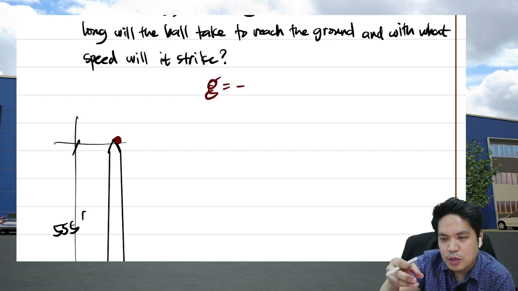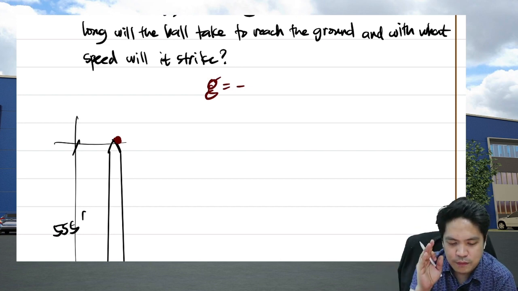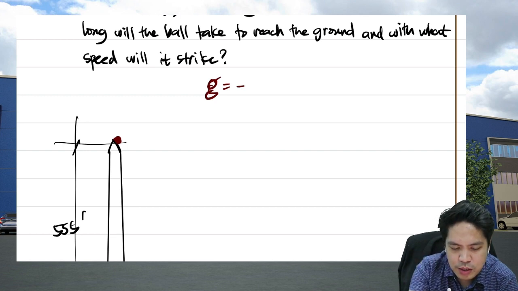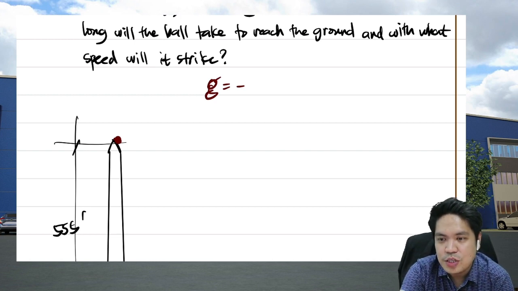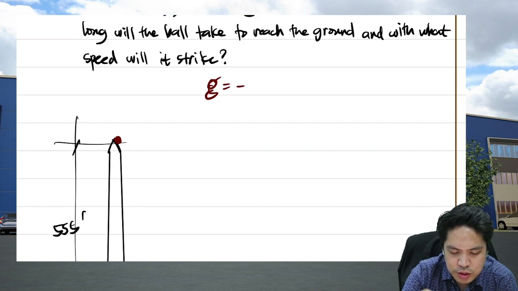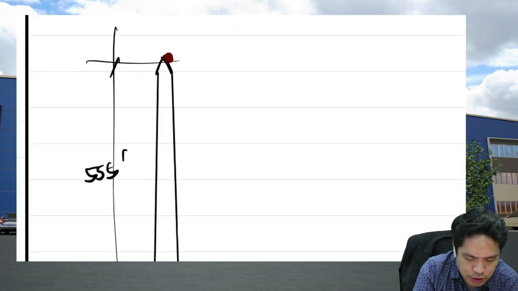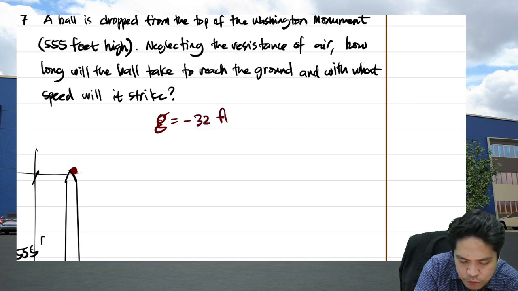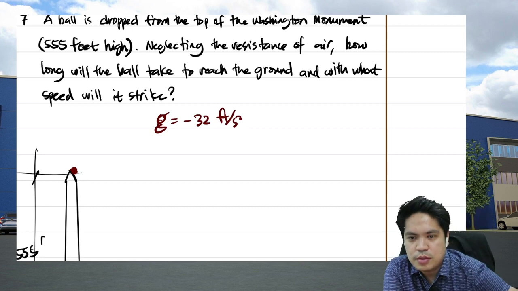Remember, yung upward na movement, that is positive. Okay? So, the action of g is to slow down the velocity of an object moving upward. So, that's why negative or deceleration yung effect niya. Okay? So, g is equal to, since feet yung unit natin, g is equal to 32. Sorry, that's 32 feet per second squared. And it's negative.